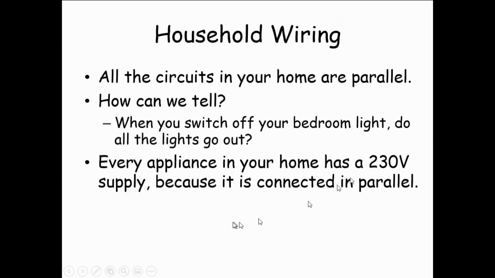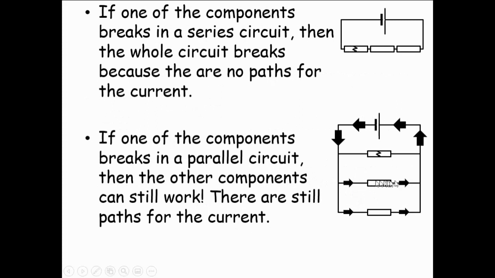So every appliance in your home has a 230 volt supply because it's connected in parallel. So going back to this component here, it is connected directly to the power supply. So if this was a 230 volt supply, that would be connected directly to it, so it would have 230 volts across it. Similarly, this one is also wired directly to the power supply, so it would be 230 volts across that.